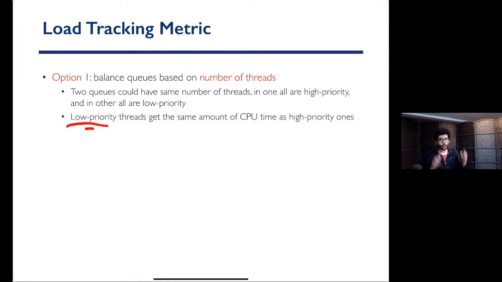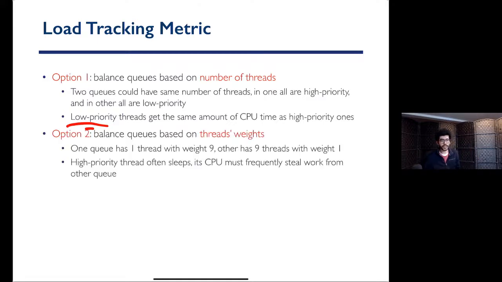You might have 4 threads in all CPUs, but then maybe all 4 in one are low priority, and all 4 in the other are high priority, and that's bad. So the second option is to weight the number by the priority. Maybe I can now make sure that the load is balanced in terms of the multiplication of the number of threads and their weight.